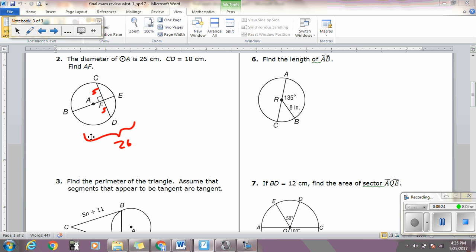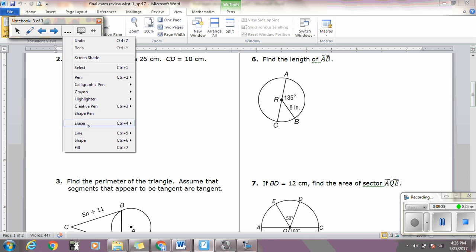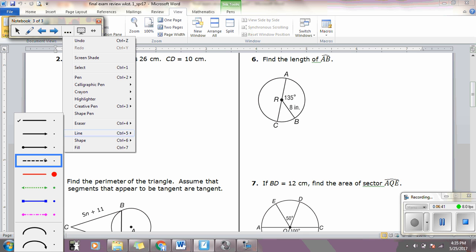Okay, and since my diameter is 26, that means my radius, which is AB and AE, are equal to 13 because the radius is half of your diameter. Now, before we can go any further on this picture, we need to add another radius.